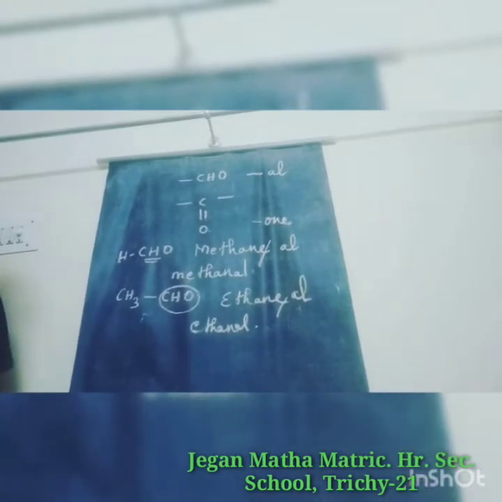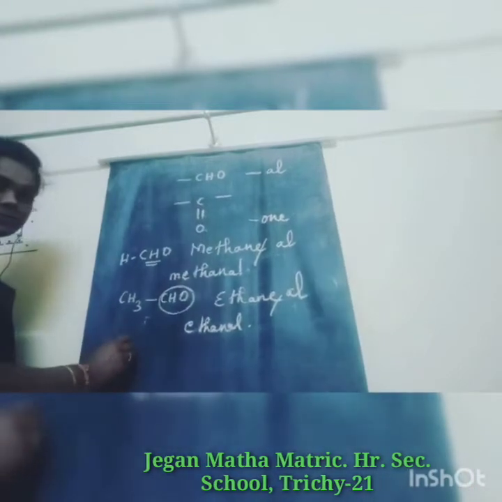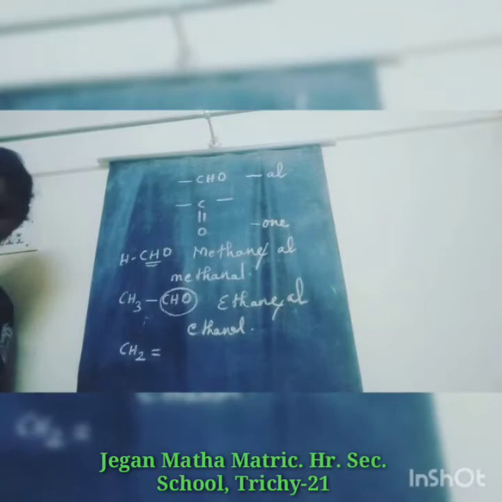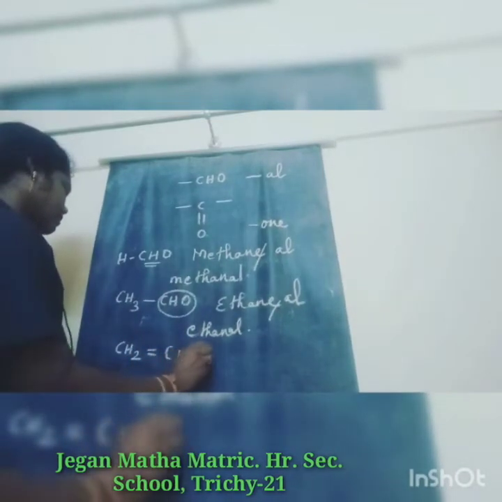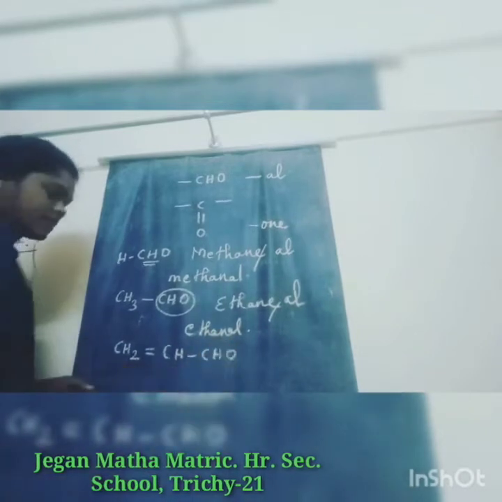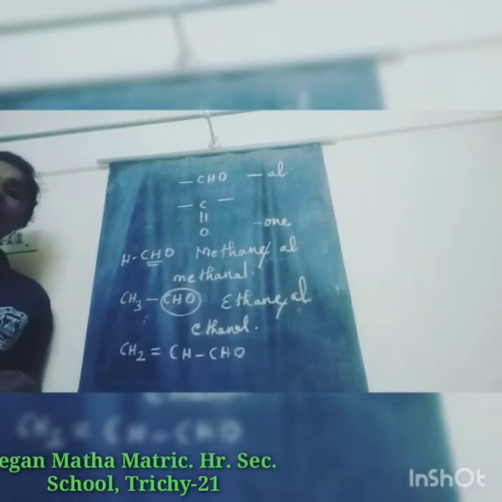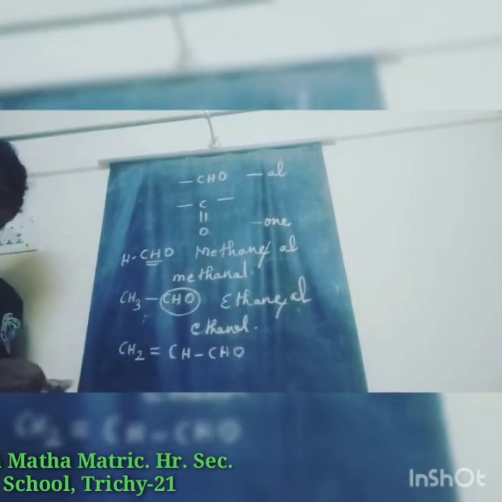And next one is acrolein. The acrolein formula is CH2 double bond CH CHO. Three or more carbons present means we put a number. We number from the end nearest the functional group.